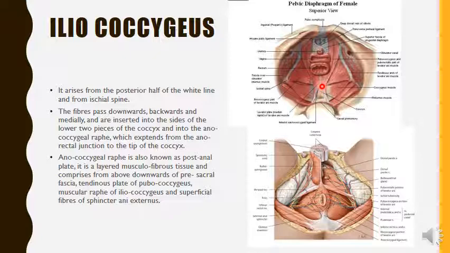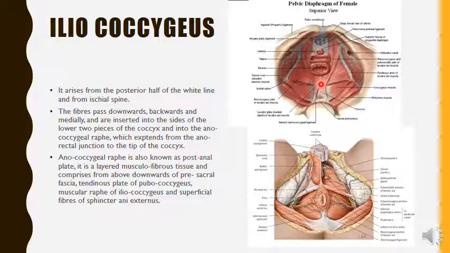So this anococcygeal raphe, being musculofibrous tissue, has both muscle fibers and fibrous connective tissue fibers. What fascia and muscles are forming it? One is the presacral fascia, then also the tendinous plate of pubococcygeus. This is pubococcygeus. It forms a tendinous plate here. So that also is included in the anococcygeal raphe.